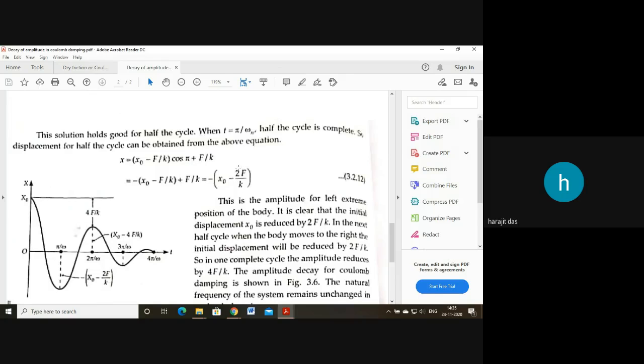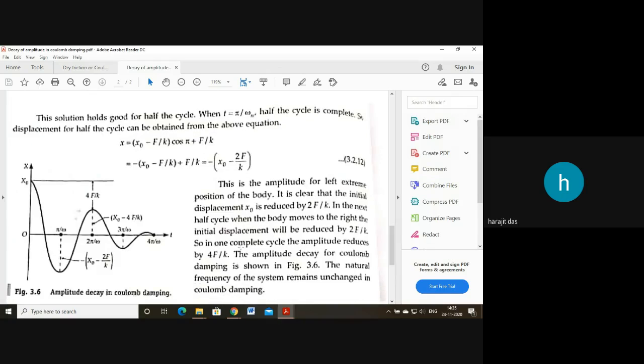So in one single cycle, twice the reduction will happen, isn't it? Because in half of a cycle the reduction in amplitude is 2f upon k, in the other half there will again be a reduction of 2f upon k, and the total reduction will be 4f upon k.